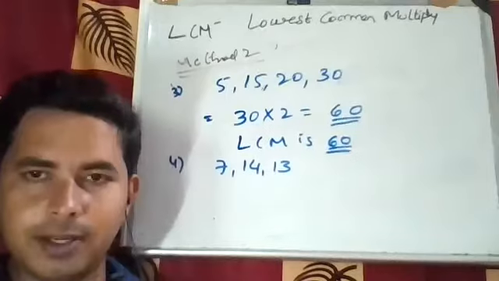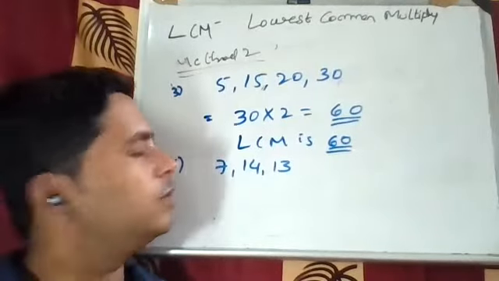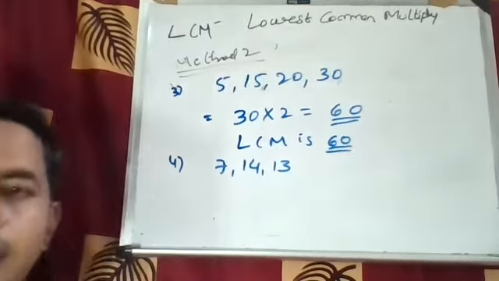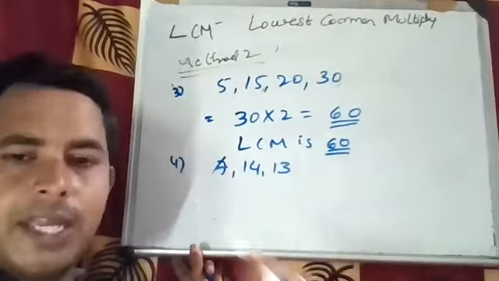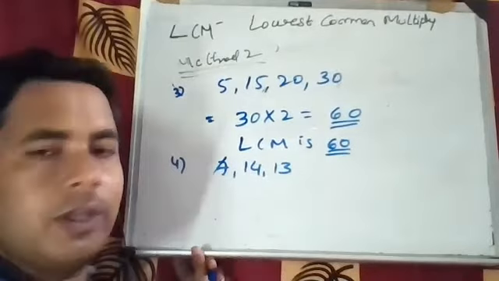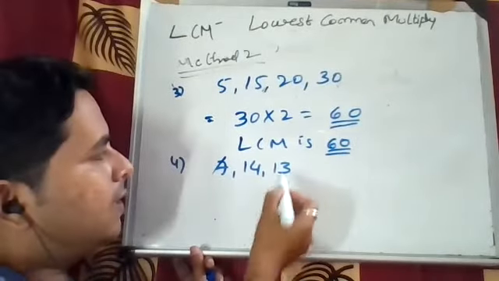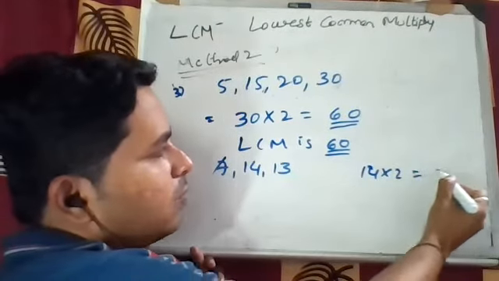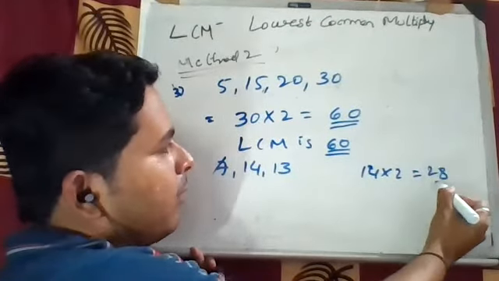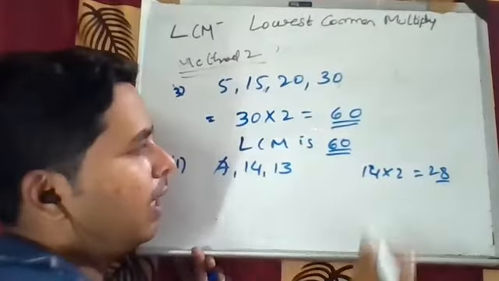So here 14 is the highest number. My 7 will divide 14, no worry, leave the 7. But 13 cannot divide 14. So if I multiply 14 by 2, which is 28, again 13 will not divide 28.